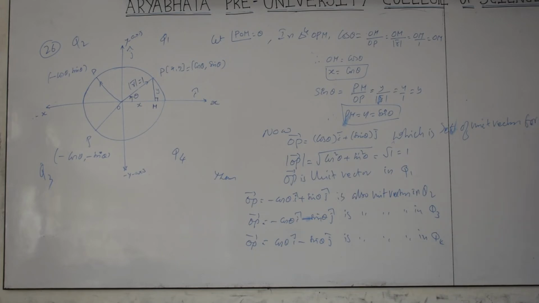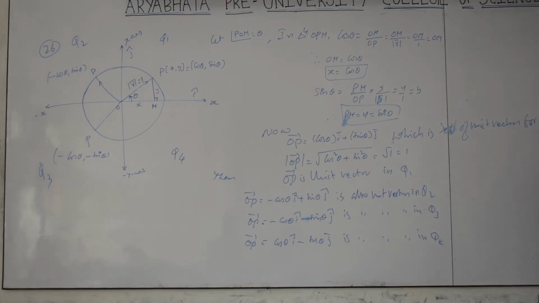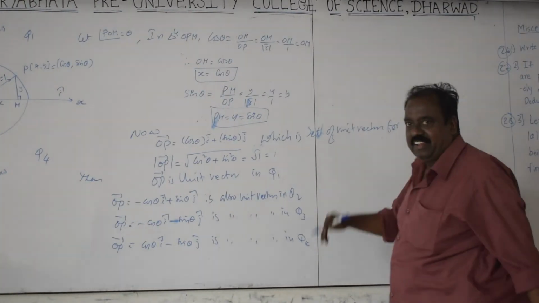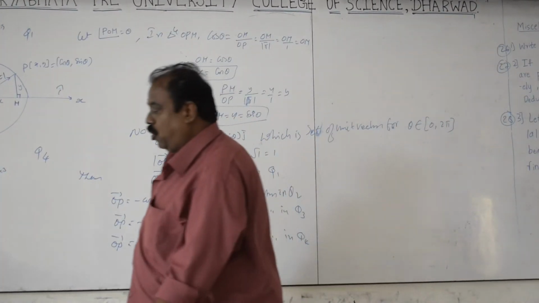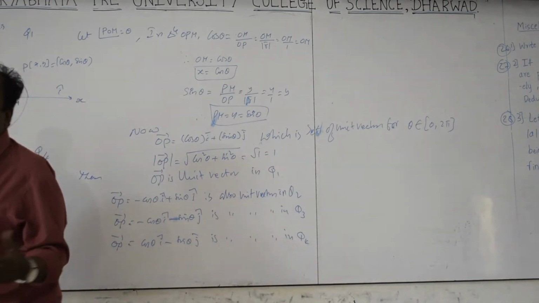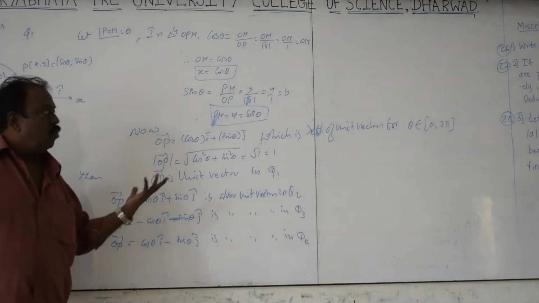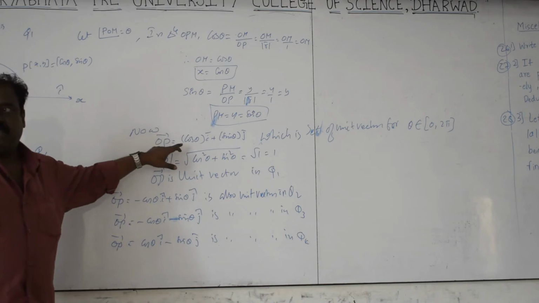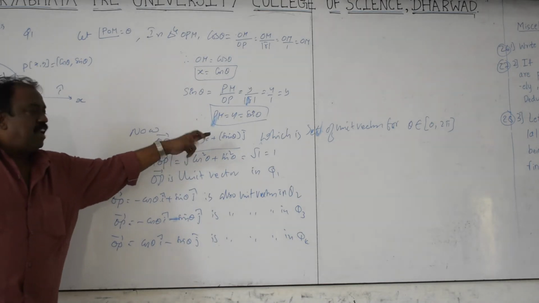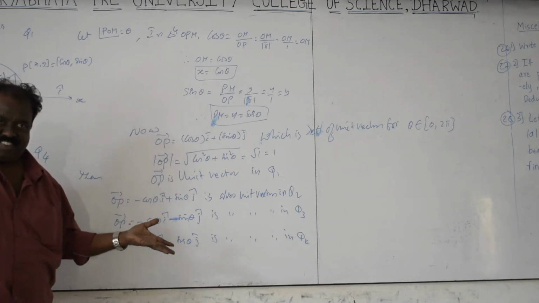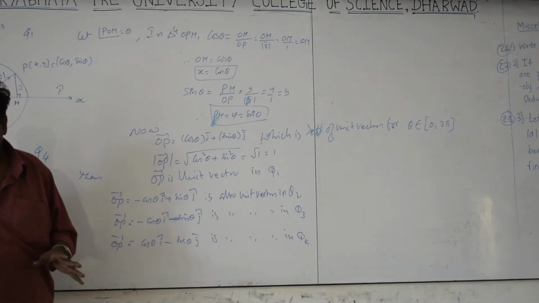For theta belonging to one rotation: theta 30 degrees, 0 degrees, 45 degrees, 90 degrees, 120 degrees, like that, in the interval 0 to 2 pi. So many different types, because cos 0 I cap plus sin 0 j cap.